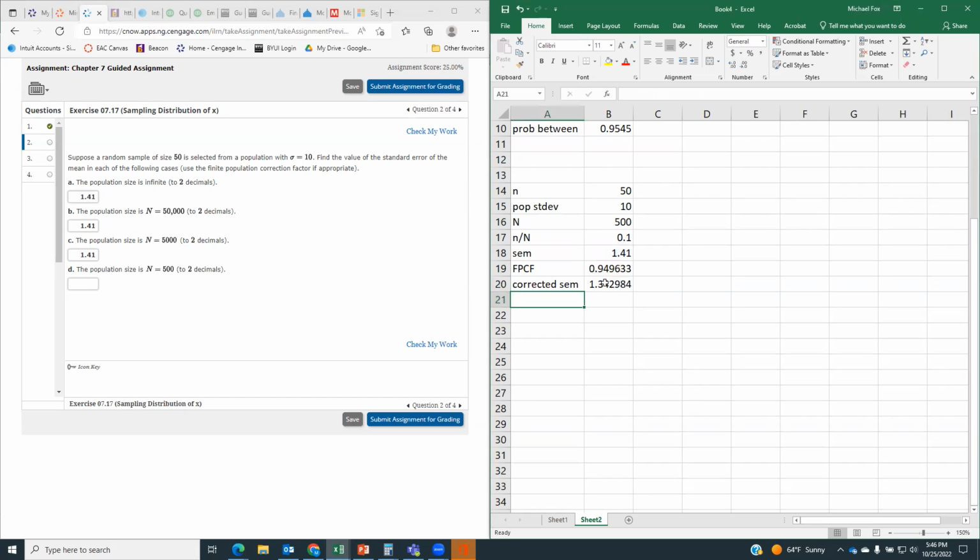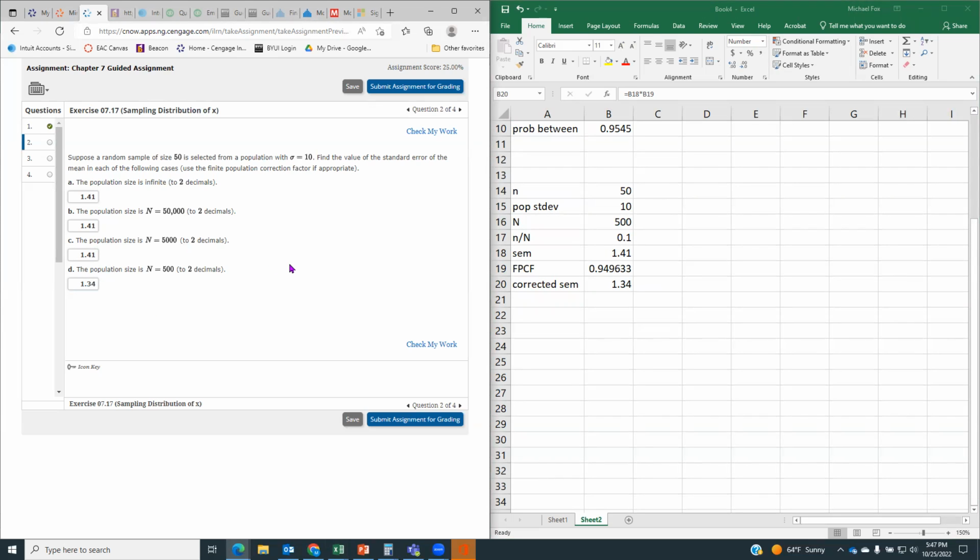And so instead of 1.41, it's 1.34. And remember, we're doing this correction because the sample is such a large amount relative to the population that we want to put this correction factor in, to have a slightly lower standard error of the mean.